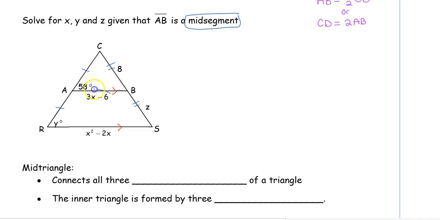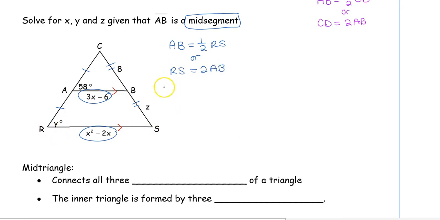We go ahead and start with x. Here are my x's. This is going to use the fact that AB is equal to half of RS. When I look at RS, I see that if I took half of this, I would end up with 1/2 x squared, and I don't want that. So I'm going to use the other one, that the big segment RS is equal to 2 of the ABs.